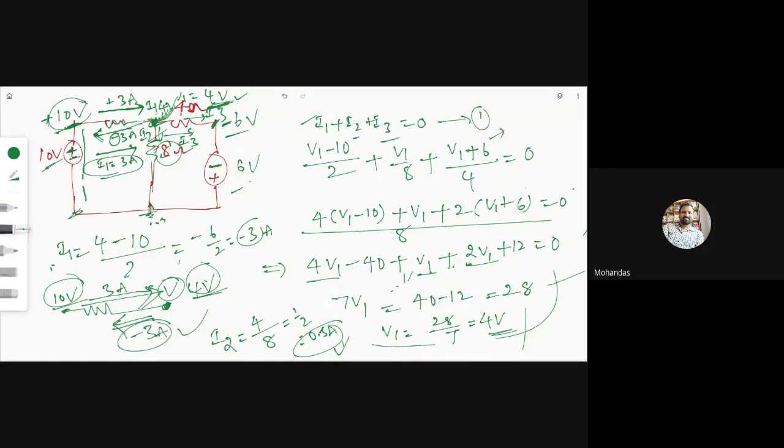Because V1 is 4 plus 6, over 4, that is 10/4, which is 2.5 amperes. Calculate it. We already have the formulas from before, so substitute like that. But here, the current direction came out positive. We got the current direction as positive. That means whatever we have assumed is correct.